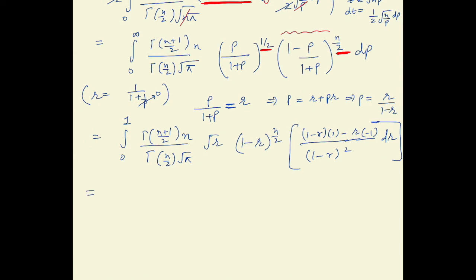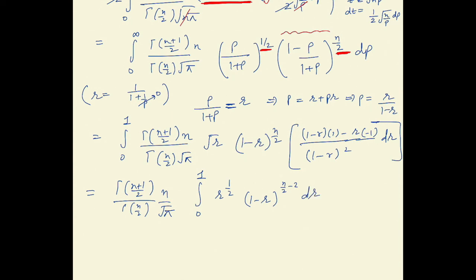And this expression basically becomes gamma n plus 1 by 2, gamma n by 2 and root pi, integration 0 to 1, r raised to power 1 by 2, 1 minus r raised to power n by 2 minus 2 dr.